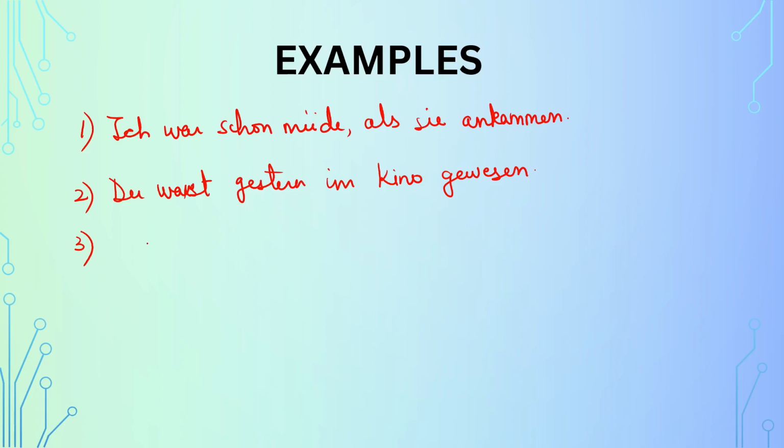Let's say, Er war noch nie in dieser Stadt gewesen, which means he had never been to this city before. Wir waren schon einmal hier gewesen, als Kinder.